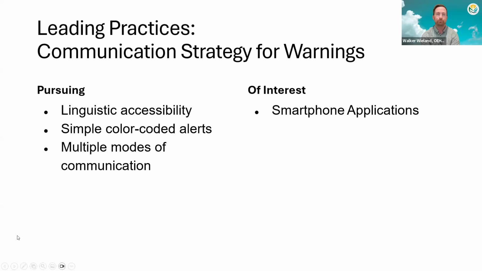Next slide. All right, so on to communication strategies for warnings. So we are already working on linguistic accessibility for CalHeatScore. A lot of our modes of communication are available in more than one language. CalHeatScore is available in Spanish, and it's linked from our website.